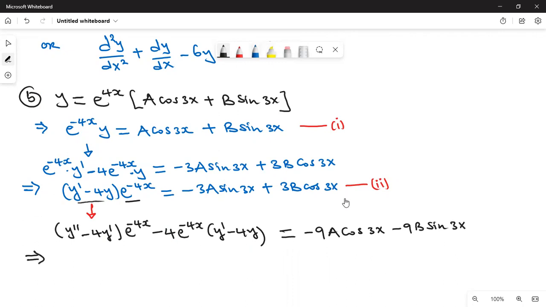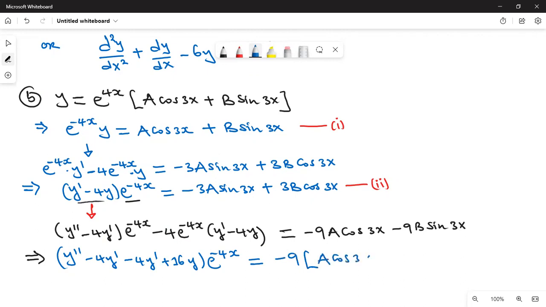If I simplify the left and right-hand sides, it is the same as y'' − 4y', then another −4y', and plus 16y. Then e^(−4x) is common, equal to −9 common, so we have a cos 3x + b sin 3x.